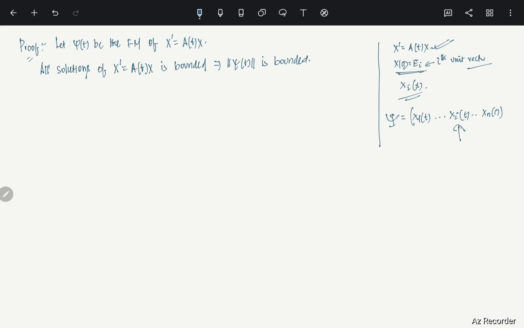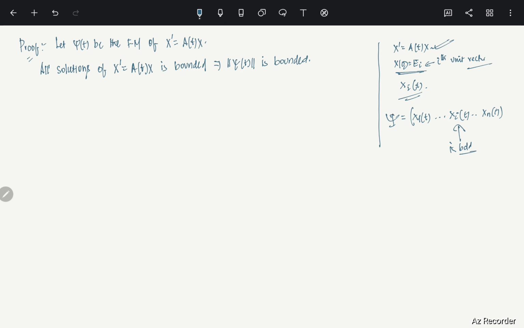So each component of this fundamental matrix phi, which is given by x_1, x_2, ..., x_n, is bounded. If each component is bounded, of course phi has to be bounded.